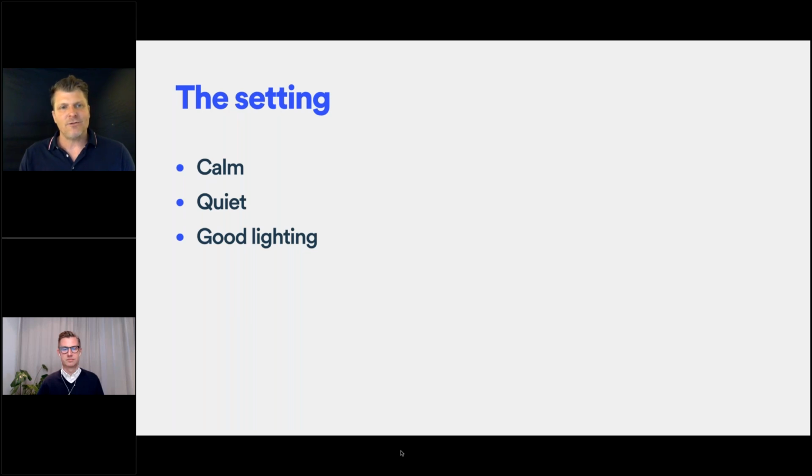So choose the calm and quiet setting, and also good lighting. With good lighting, I mean try to use the natural light in the room. For example, take a look around. Where is the light coming from, the windows? Put yourself so you have the light from the windows in your face. You shouldn't sit with the windows behind you, because then it gets hard for the camera, and it lowers the light.